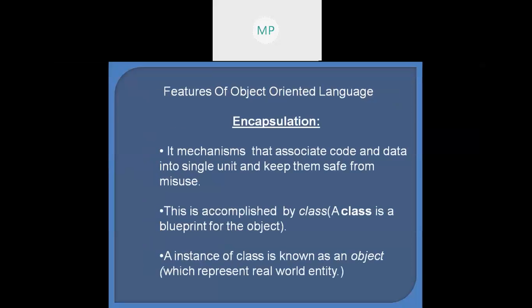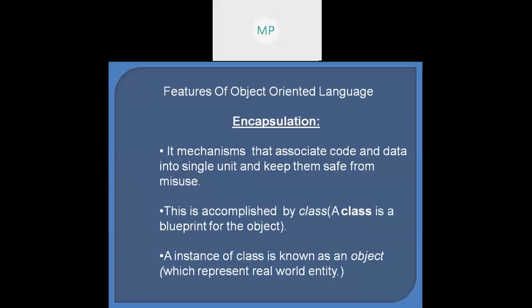Let's suppose we create a class of employee. The employee class will contain all the similar attributes of the employee, like employee name, employee ID, employee salary, designation, and all. Apart from the data, we also combine the functionality, the different operations that can be performed by the employee, and we combine them together.